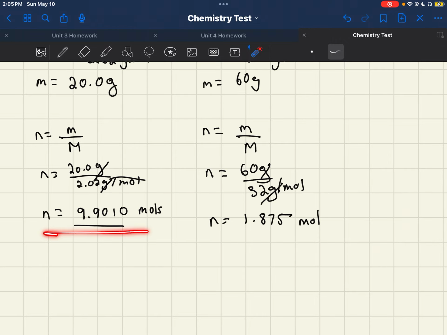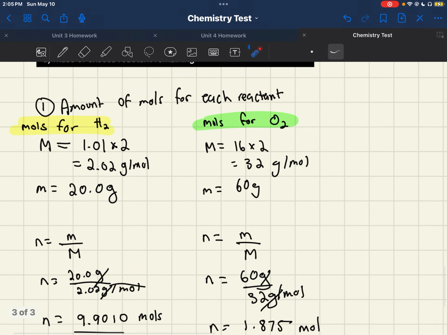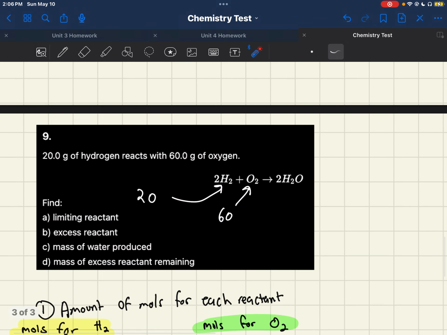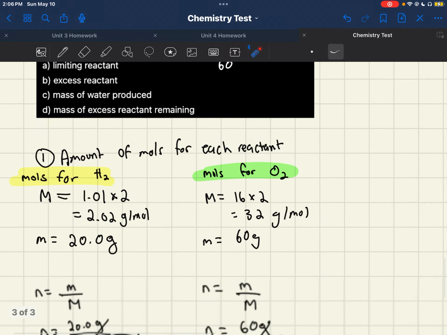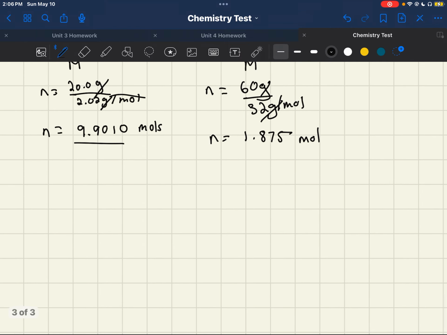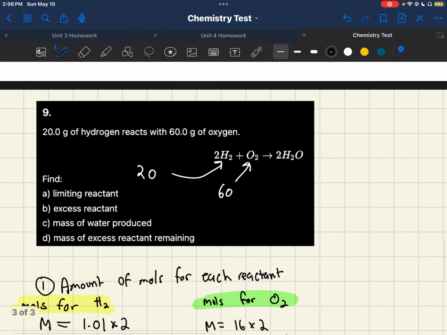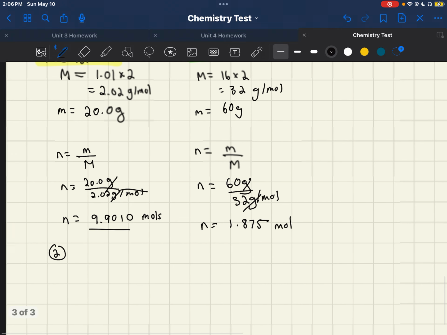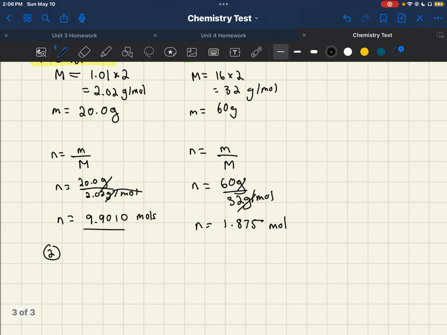However, you can't compare these two mole counts because these two mole counts have two oxygens within them and two hydrogens within them. So now you're going to take your stoichiometric coefficient and you're going to divide it. Okay? So you're going to take your stoichiometric coefficient, which is in this case 2 and 1, and you're going to divide by that. So then you just find a more normalized amount that you find per each stoichiometric coefficient, which is exactly what we want.